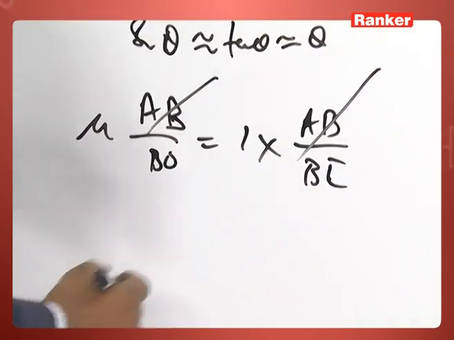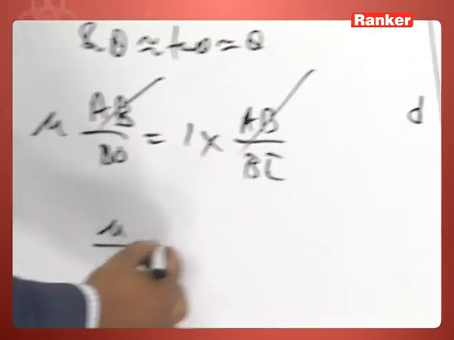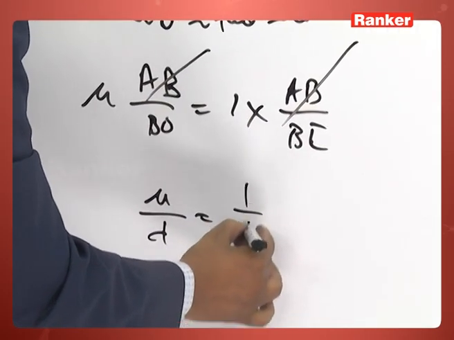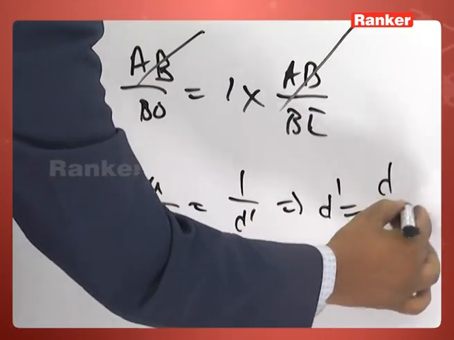This AB cancels, mu by BO is D, and 1 by D dash, which implies D dash is equal to D by mu.